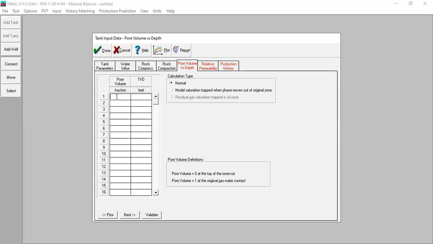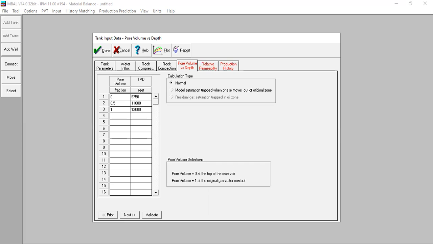So the depth of my top of reservoir is at 9,750 feet TVD, true vertical depth, and then 50% of the pore volume at 11,000 feet, and 100% of the pore volume is at the gas water contact. It is at 12,000 feet.